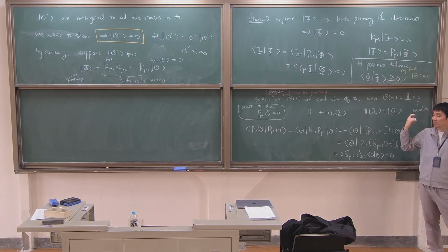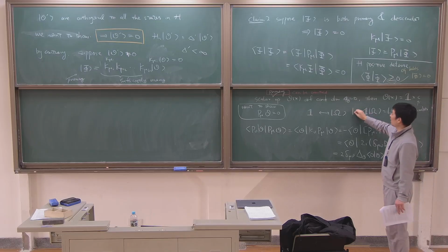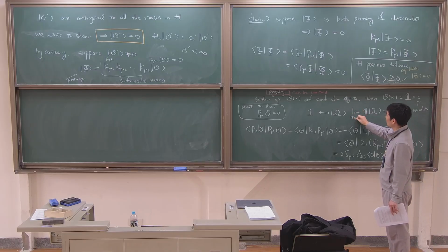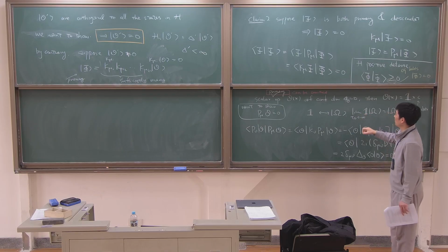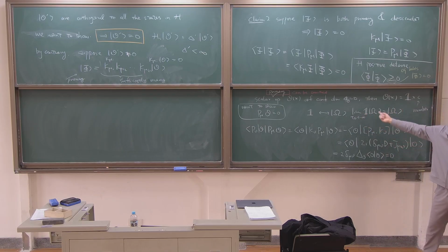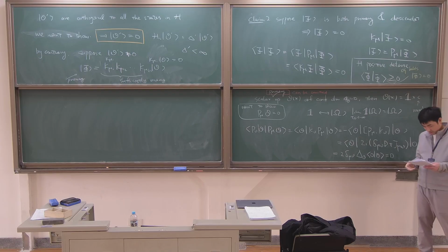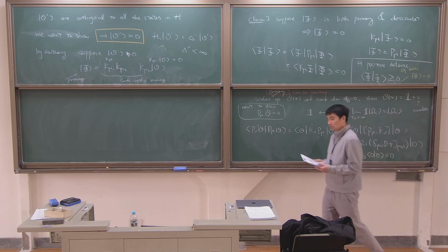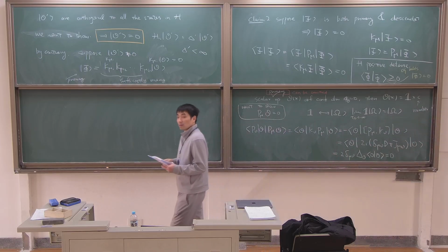So by state operator correspondence, you can take the limit tau equals minus infinity, but it doesn't matter because it's invariant under time.